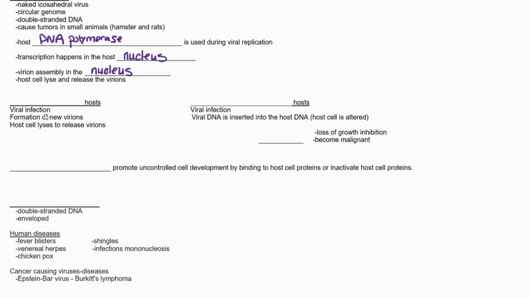Now, viral infection, the formation of new virions, and then the host cell lyses to release virions happens in these types of host, and it's called permissive. Here, there's a viral infection, and then the viral DNA is inserted into the host DNA, and the host cell is altered. And these types of hosts are called non-permissive hosts.